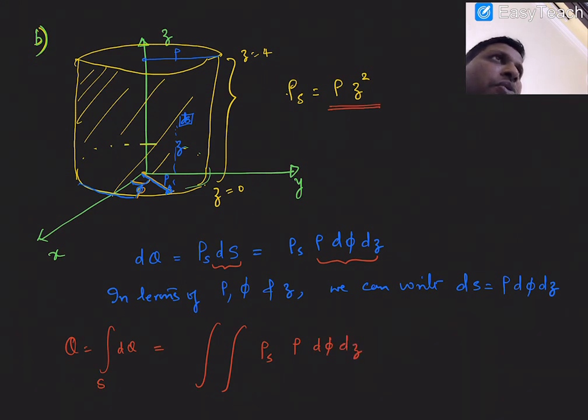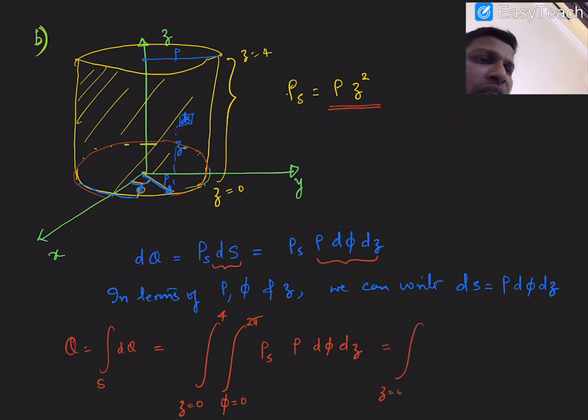And also you know that phi is changing from 0 to 2 pi, because we have a cylinder; if you take the bottom part of the cylinder, you can see it's a complete circle. So phi is changing from 0 to 2 pi, and the remaining part, z, is changing from 0 to 4 as given in the question.